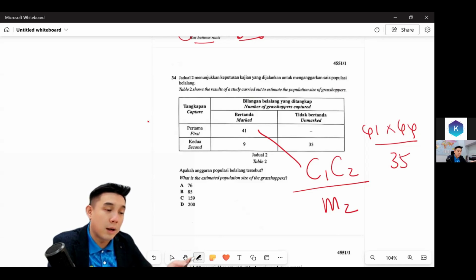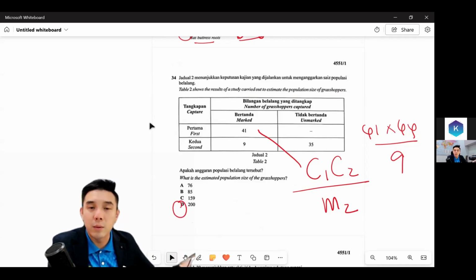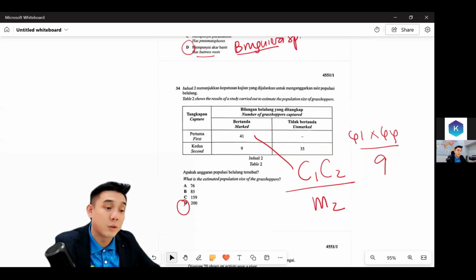Okay, wait, C1 times C2 is 44. Oh sorry, marked. Yeah, marked is this. So you should get 200. The answer is D. C1 is first capture, C2 is second capture, M2 is marked in the second capture.